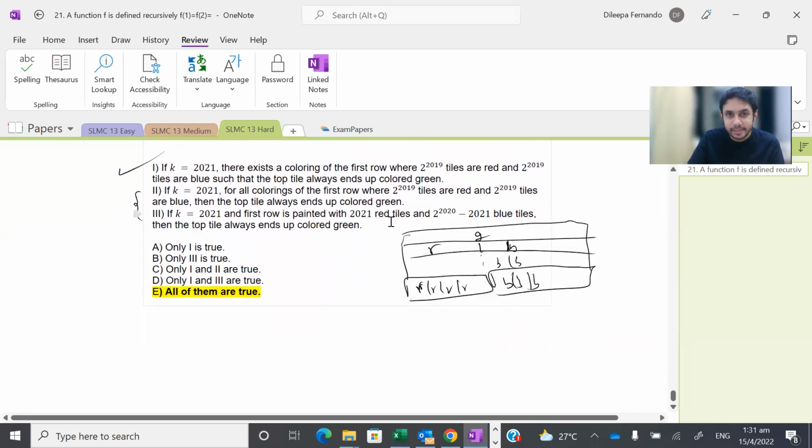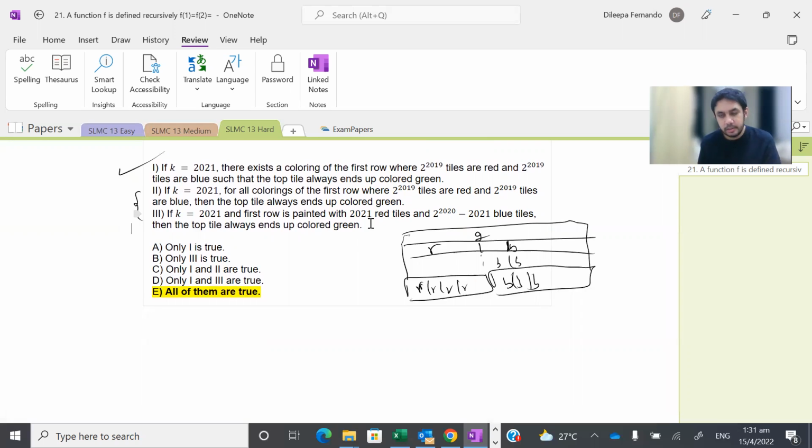And the second statement is when there are 21 red tiles and 2 to the power 2020 minus 2021 blue, then also it ends up in color green. When you get this kind of question, chances are high that there is a general result, in a way that there is something that is invariant, because here we talk about any coloring.